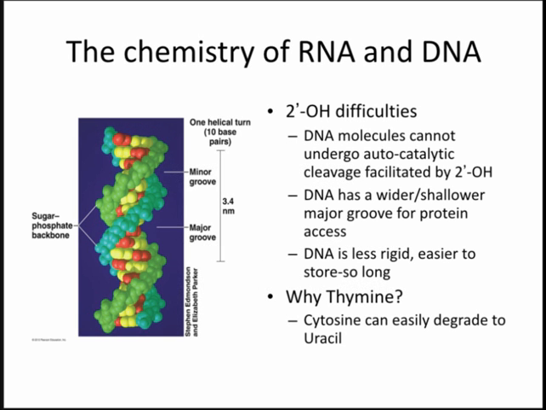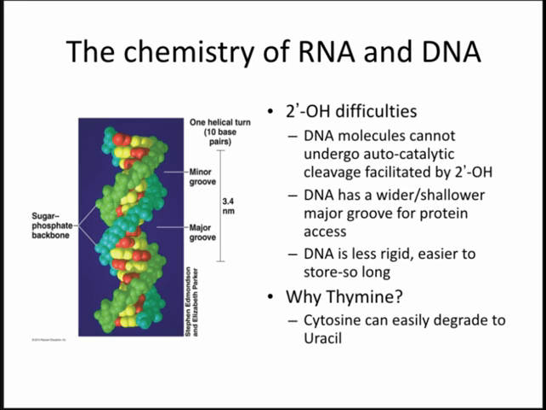All right, so first of all, let's look at the chemistry of RNA and DNA. There's two major differences. RNA has a 2' hydroxyl, DNA does not. And RNA uses uracil, where DNA uses thymine. Why? Well, the 2' hydroxyl is actually catalytic, and it can be autocatalytic and cause the cleavage of the nucleic acid.